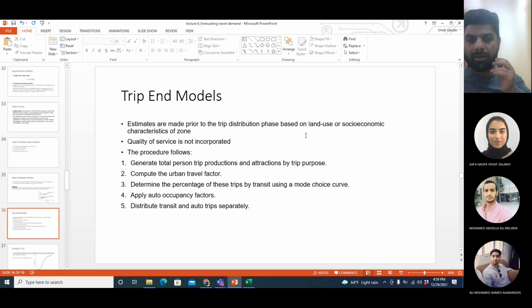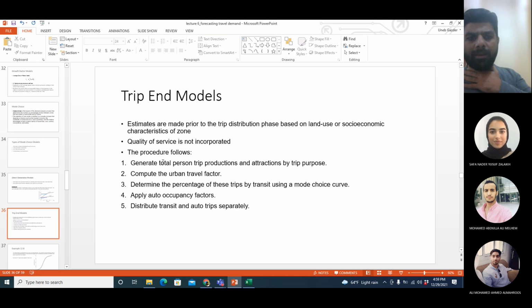It is similar to calculating total number of trips. Even in trip end models, the quality of service is not incorporated. The time, comfort and convenience, even if it's a bad service, people will still go by that one because they don't consider the other choice.